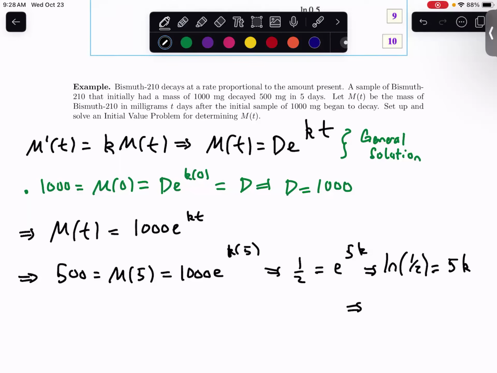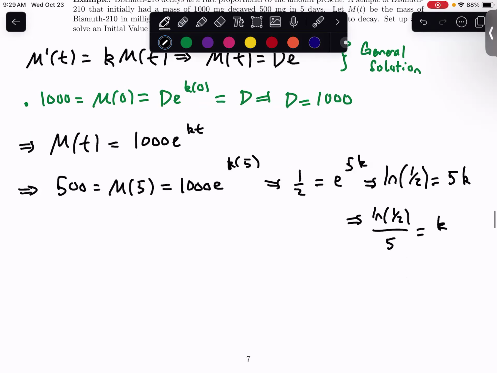And then if you divide both sides by 5, you get the natural log of 1/2 over 5 is equal to k. If you plug this into a calculator, this is just a number, and the number ends up being minus 0.139. So we have k is equal to minus 0.139.